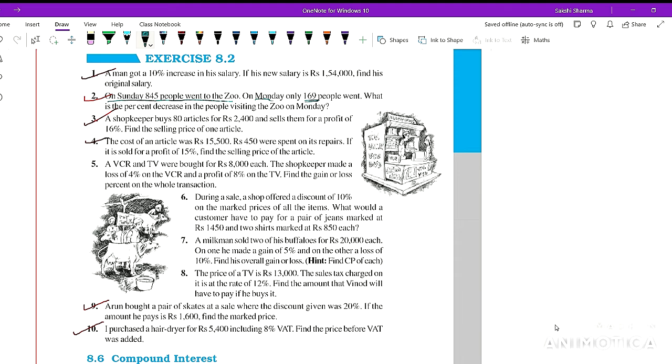They are asking you to find out what is the percent decrease in the people visiting the zoo on Monday. First of all, you will find out what is the decrease in the number of people who visited the zoo on the 2 days, and then you will convert that number into percentage. Remember, when we want to convert increase or decrease into percentage, we use the original value.